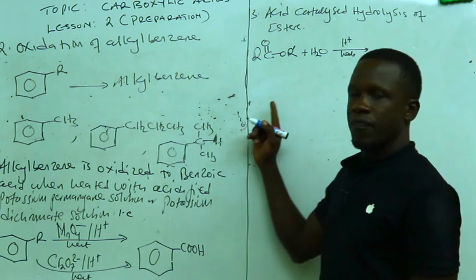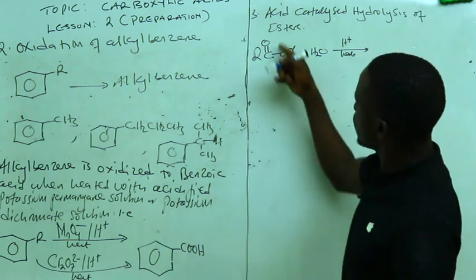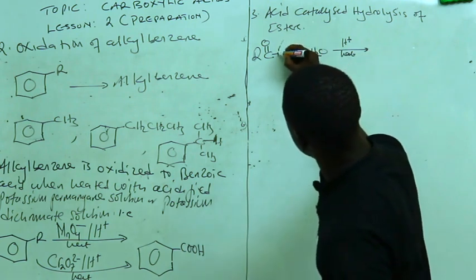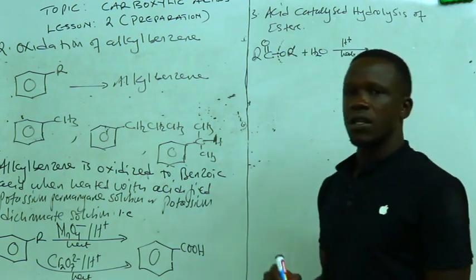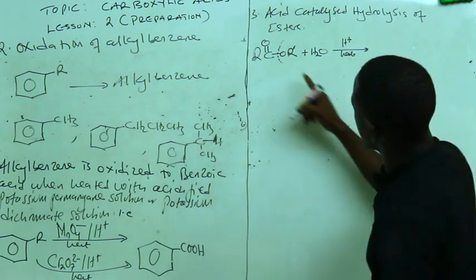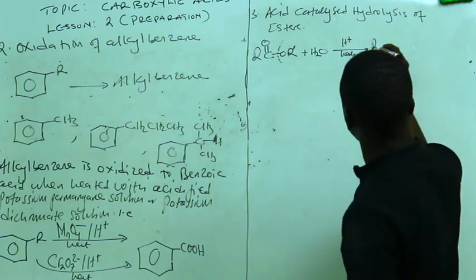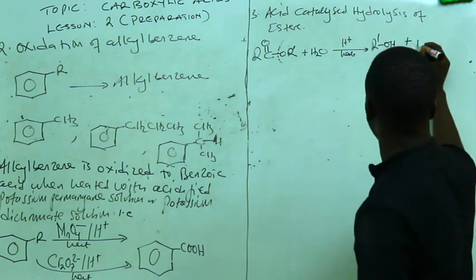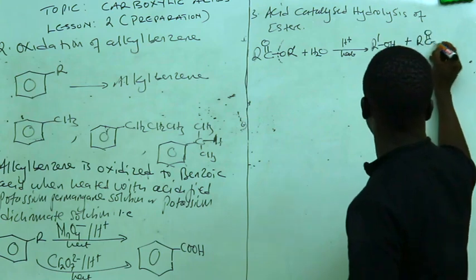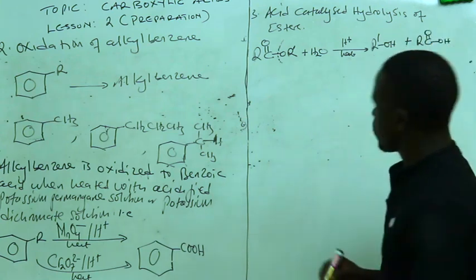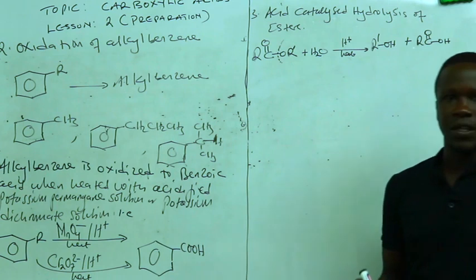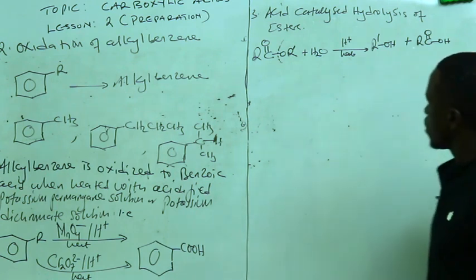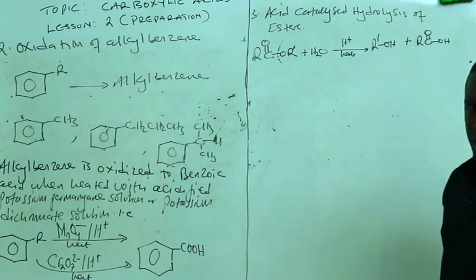We said that this would be broken into two at this point here, resulting in the formation of one from this side, an alcohol, and then from the other side a carboxylic acid. We even explored the mechanisms for this, how this happens, to be able to form the alcohol and the carboxylic acid.